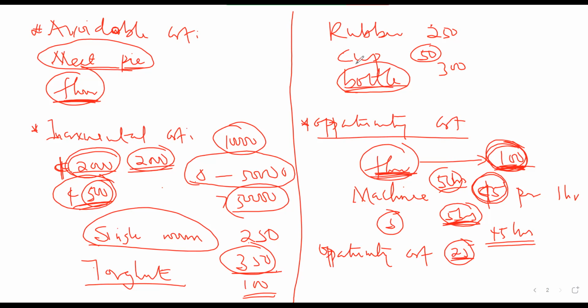So relevant cost should be avoidable cost. Relevant cost should be incremental cost. Relevant cost should be opportunity cost. Relevant cost should be a differential cost. And relevant cost should be a future cash flow. Costs that are already incurred are not relevant costs. All right.